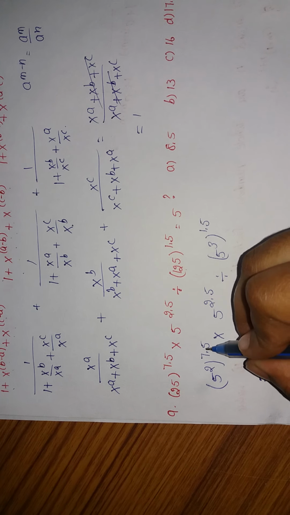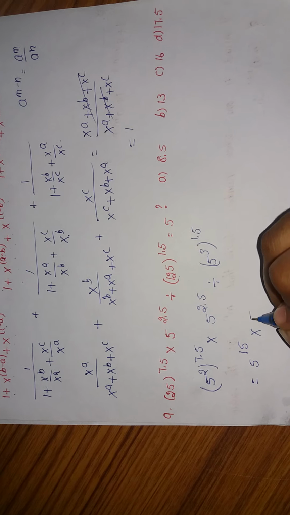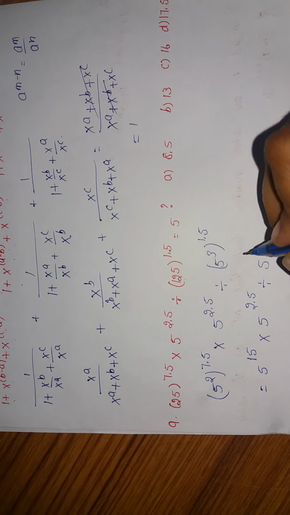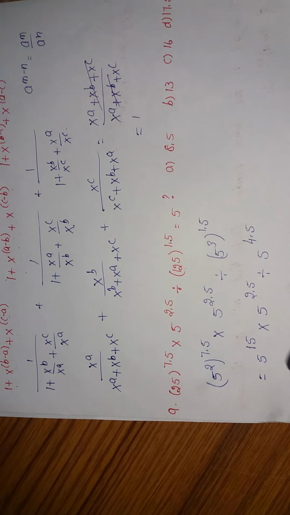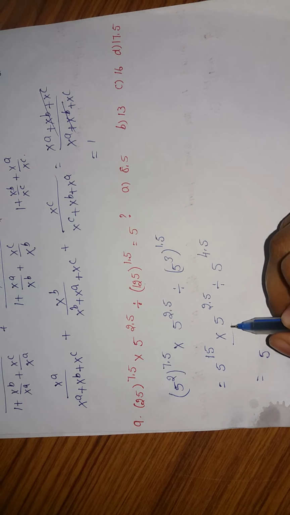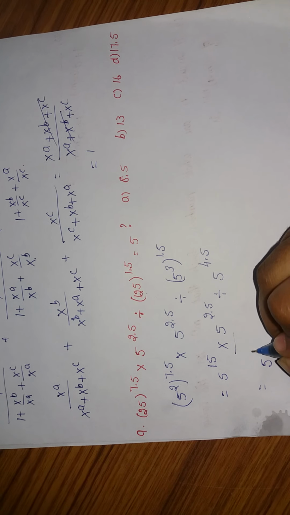So 2 into 7.5 gives 15, into 5 power 2.5 divided by 5 power 4.5. That is 5 power, here we can add these two numerals.